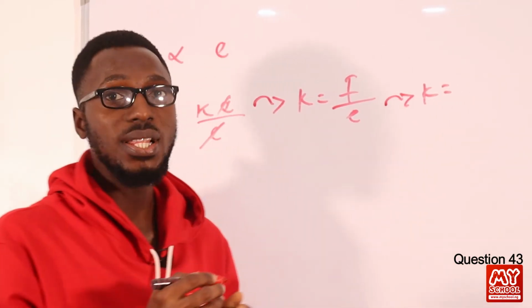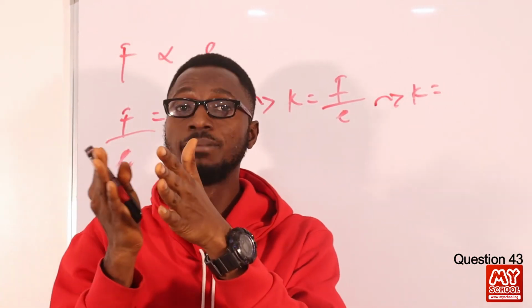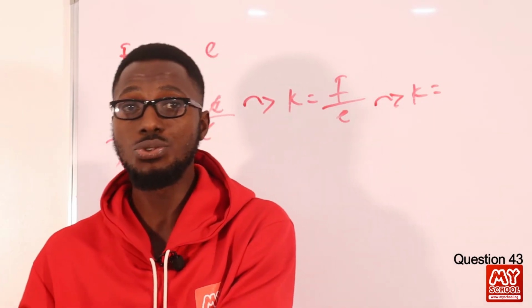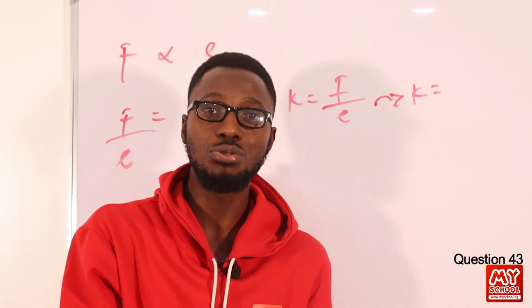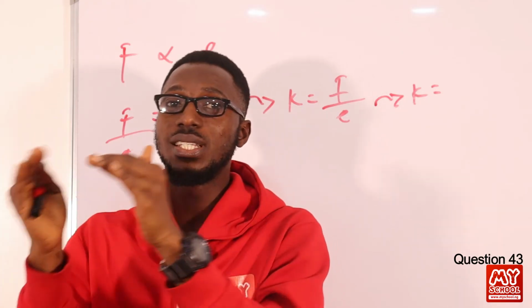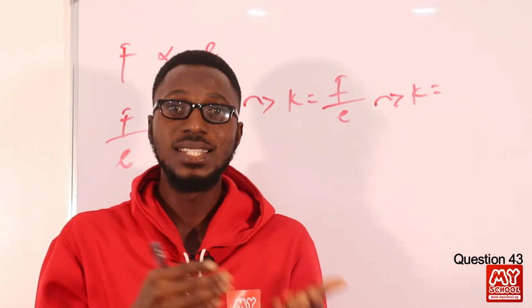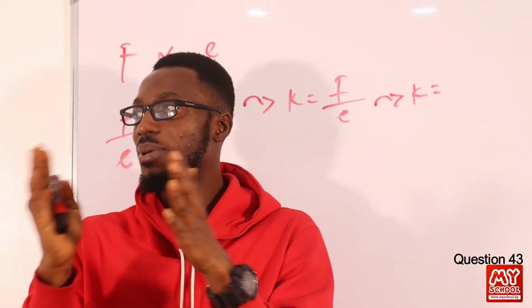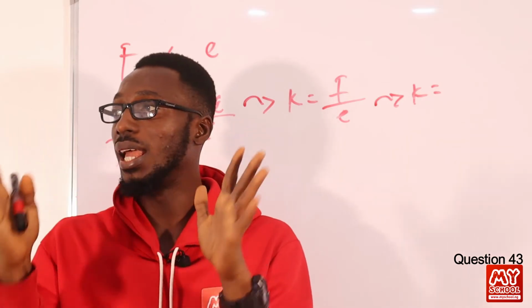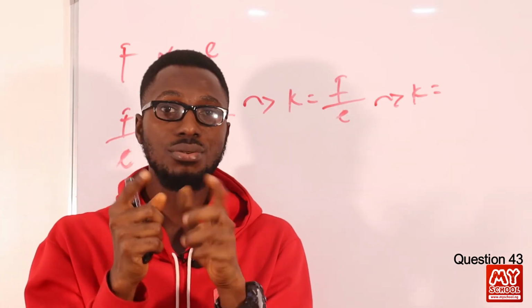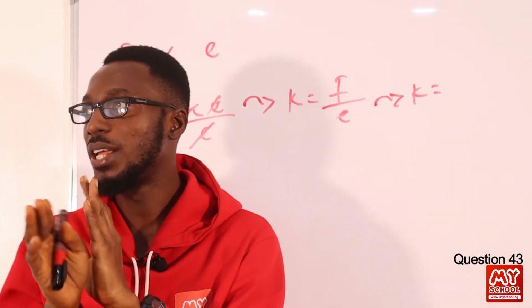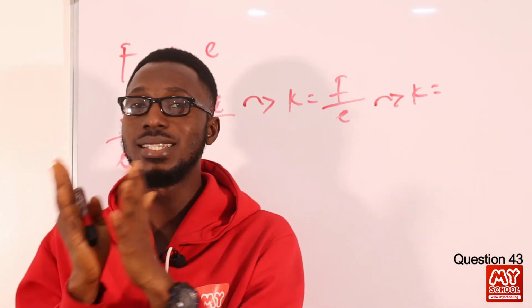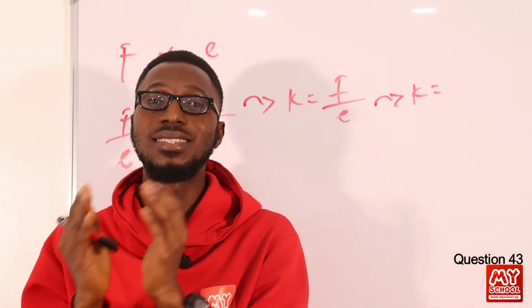At any point on the graph, you notice that on the F there is 40, and next to it is 2. So that will be 40 divided by 2. Or you try the next one, which is 80 against 4, that is 80 divided by 4. Or you use 120 against 6, so that is 120 over 6. Whichever of the values you decide to use, you should still get the same answer. So 40 divided by 2 is 20, 80 divided by 4 is still 20, and 120 divided by 6 is still 20.